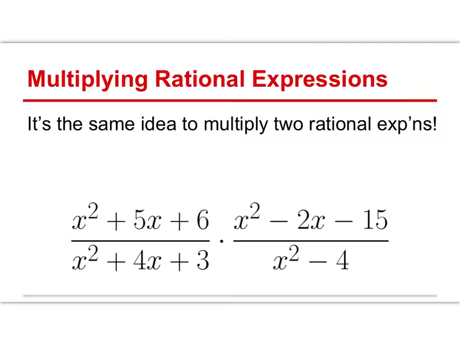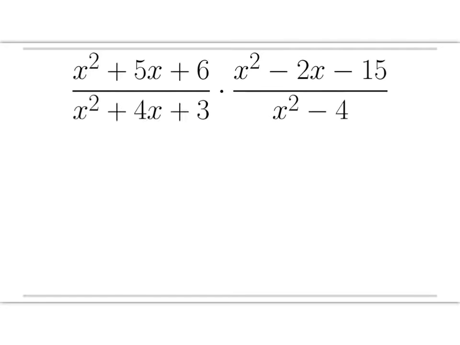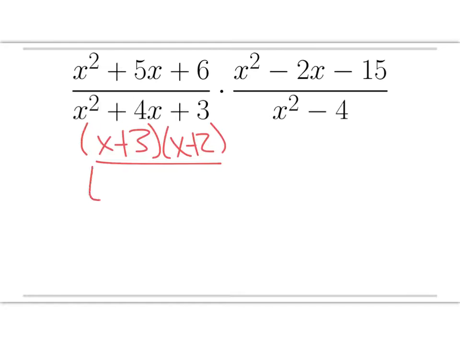And we still want to factor everything. We already have established here that the first fraction is x plus 3 times x plus 2 over x plus 3, x plus 1.